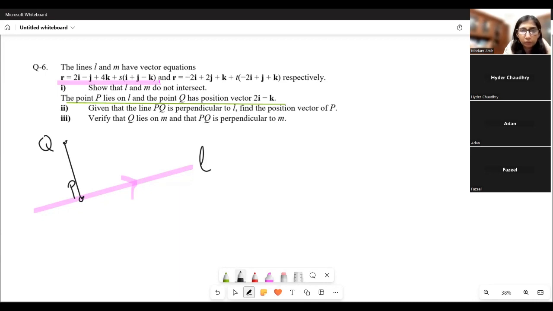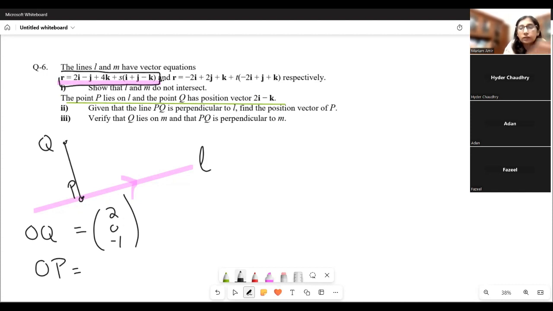So we already know the position vector of Q. OQ is 2, 0, minus 1. And position vector OP will be extracted from here since point P lies on the line.